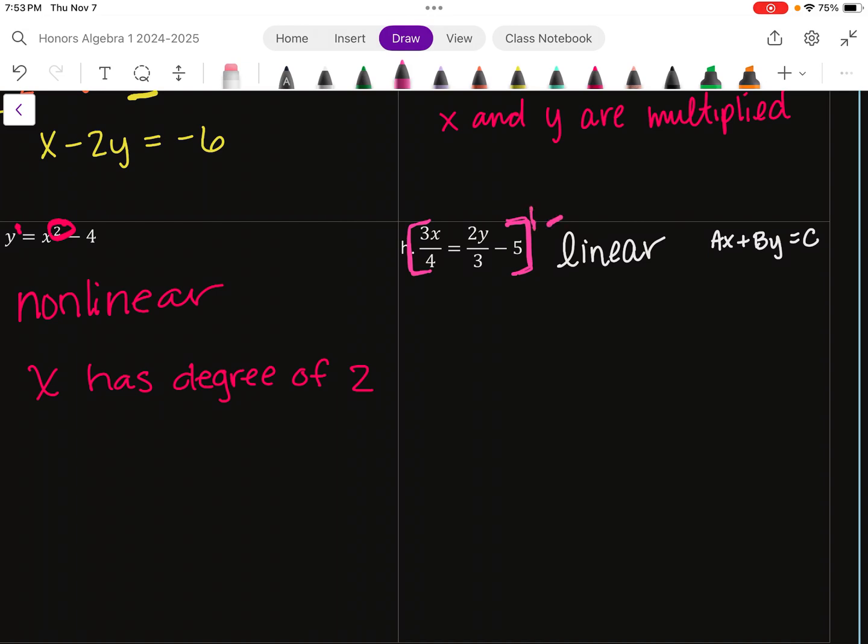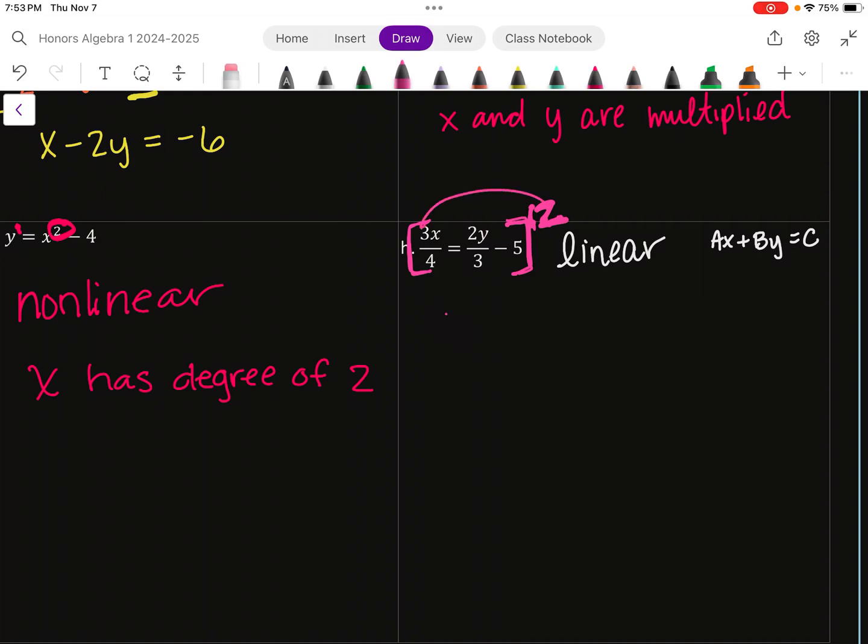That is what we did when we solved linear equations, when we canceled out these fractions by multiplying by that 12. So if you recall, 12 divided by 4 is 3. 3 times 3 is 9x. Let me redo this.